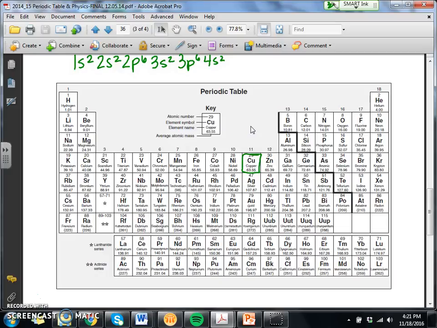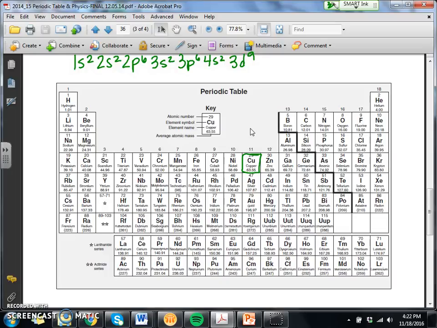So instead of being 4D, it would go to 3D, and I would count my number of boxes. 1, 2, 3, 4, 5, 6, 7, 8, 9. Copper is the 9th one, so I put 3D 9.